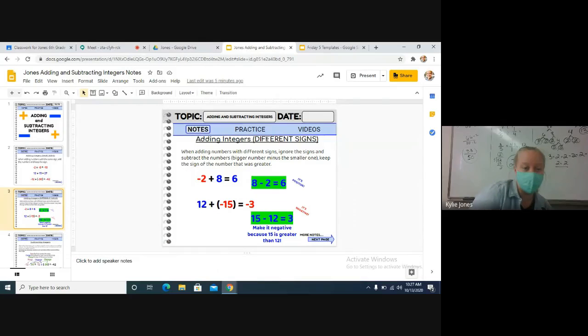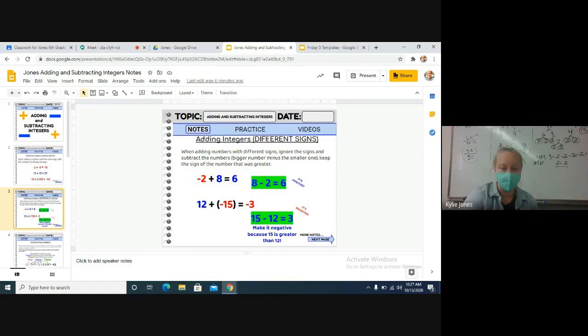So slide number 3 talks about adding integers with different signs. That means that you have one positive number and one negative number. This is one that gets a bit tricky, so just follow the steps and take your time on these ones.